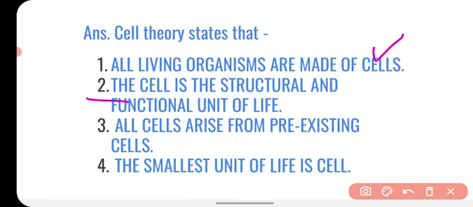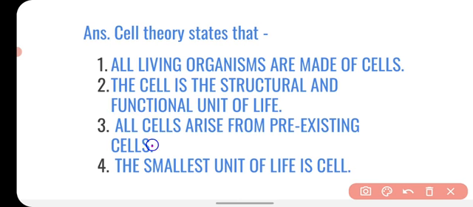Secondly, they said that the cell is the structural and functional unit of life. The structure, the body of all the living organisms, and all the functions are related to the cell. The structure of any organism is made up of cells, and whatever functions take place in the body of an organism, ultimately they are taking place in the cell.